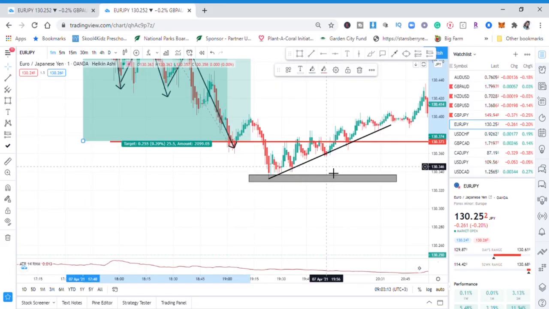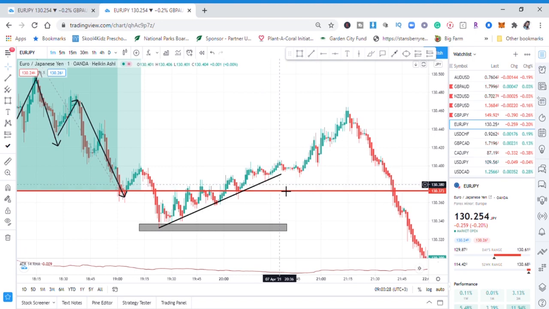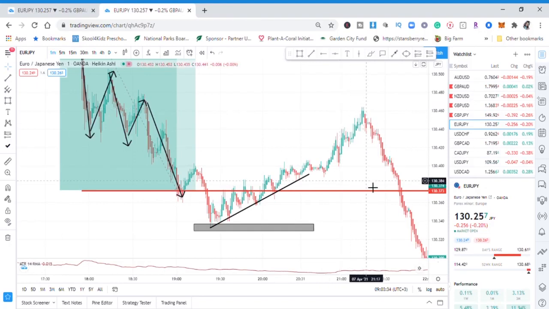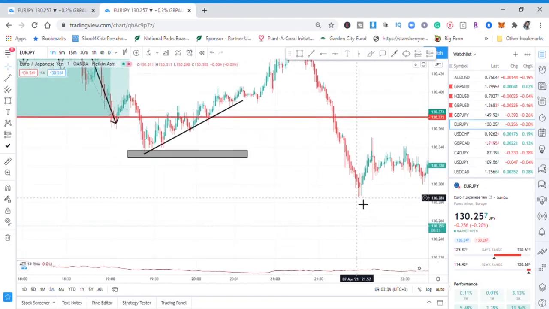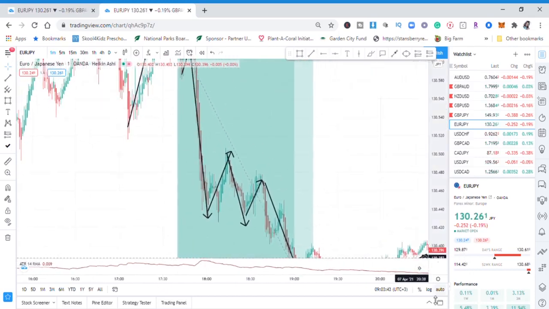So if the sellers are not able to create new low lows, and they are creating high highs, high lows, and the buyers seem to be strong, just come out of the market. So because we don't want to risk, you see, it almost took half of your profit, but it continued to go down. So this is one of the indications to just come out and be safe.